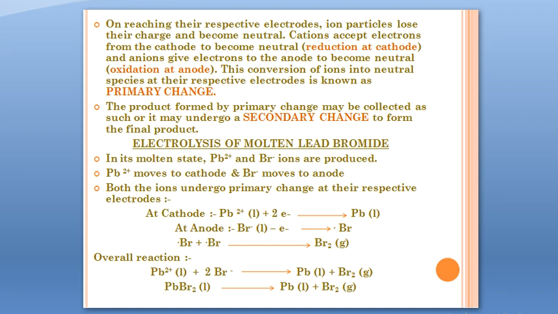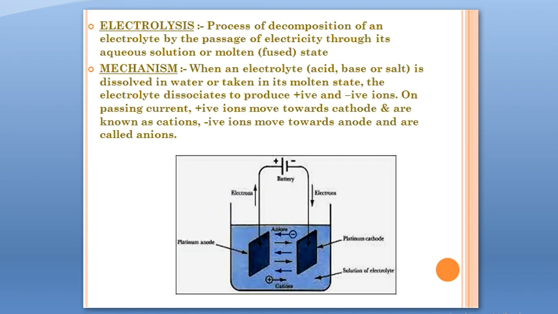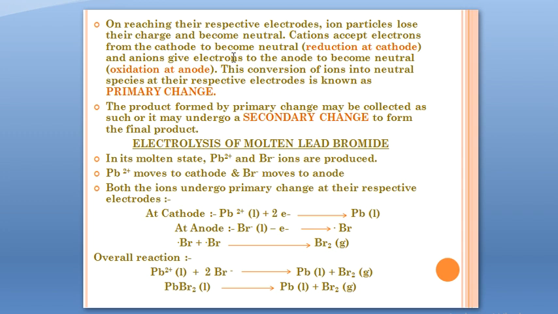So what happened next? पहले आपके पास ions थे. अब those ions got converted into neutral atoms, into neutral species, because reduction happened at cathode and oxidation happened at anode. This change in an electrolytic cell, this change in the process of electrolysis is called as primary change. So if somebody asks you what is primary change, it is the conversion of ions into neutral species at their respective electrodes.